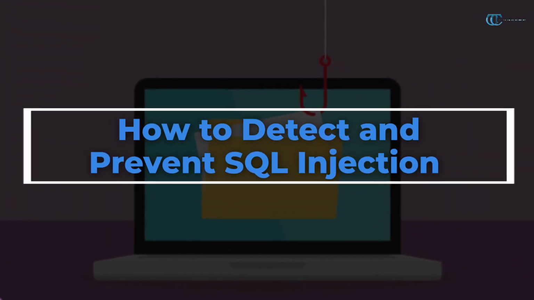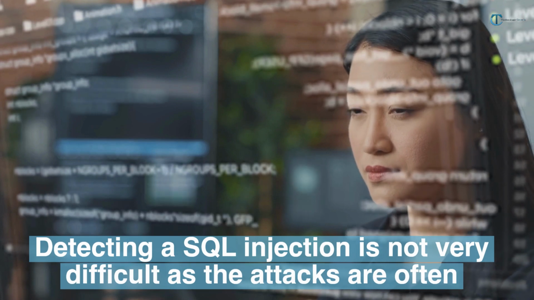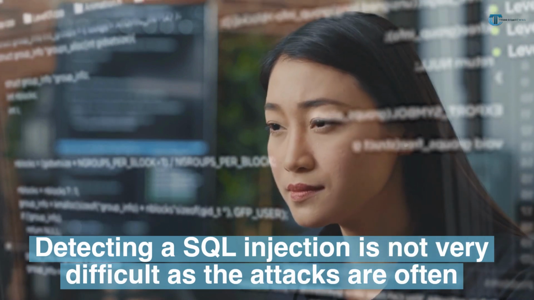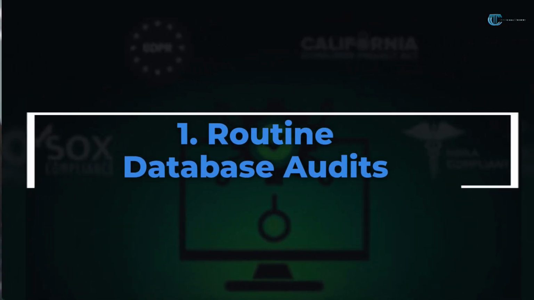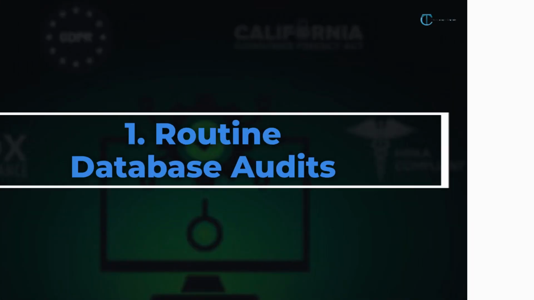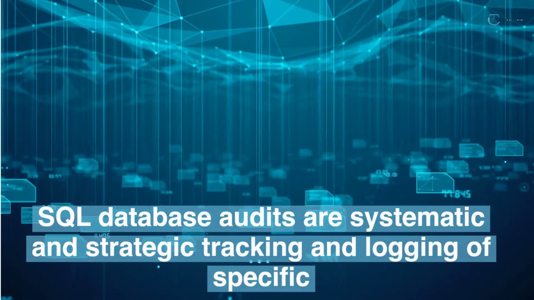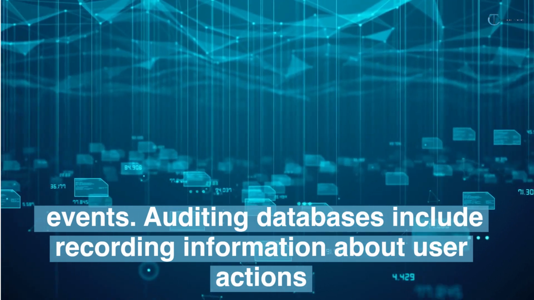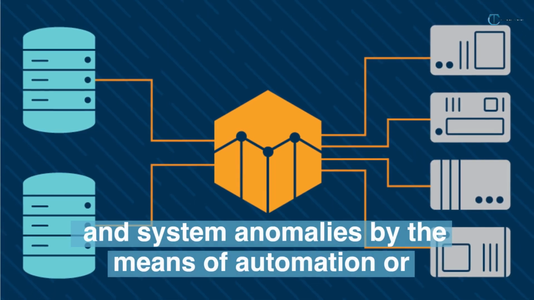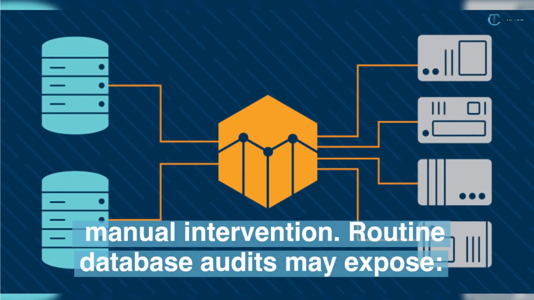How to detect and prevent SQL injection attacks. Detecting a SQL injection is not very difficult as the attacks are often executed by means of trial and error and take a long time to initiate. 1. Routine database audits. SQL database audits are systematic and strategic tracking and logging of specific events. Auditing databases includes recording information about user actions and system anomalies by means of automation or manual intervention.